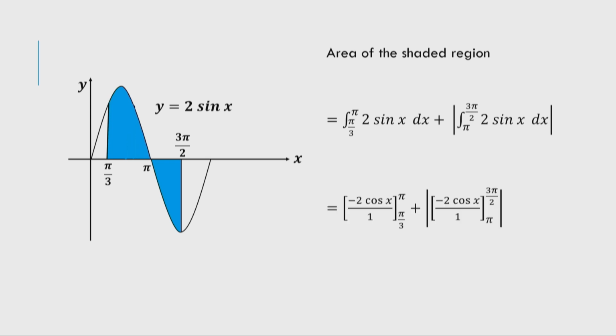Integrating the functions, we get minus 2 cos x over 1, where 1 is the derivative of the angle, between the limits pi by 3 and pi, plus the modulus of minus 2 cos x over 1, where again 1 is the derivative of the angle, between the limits pi and 3 pi by 2.